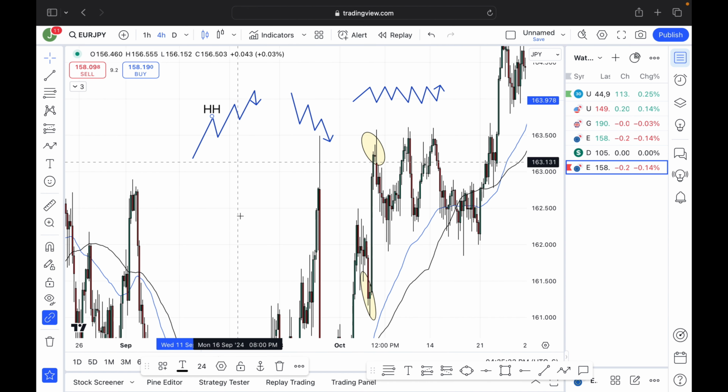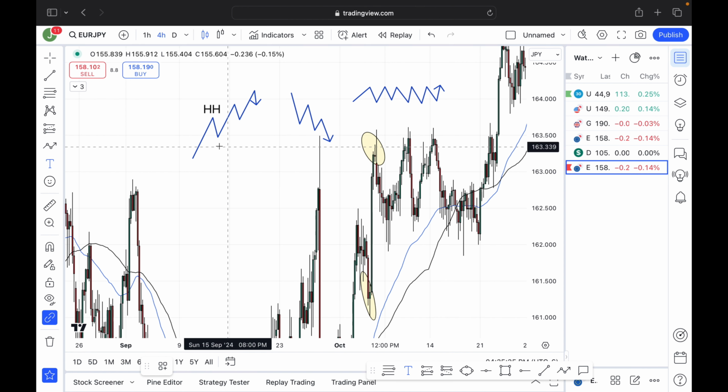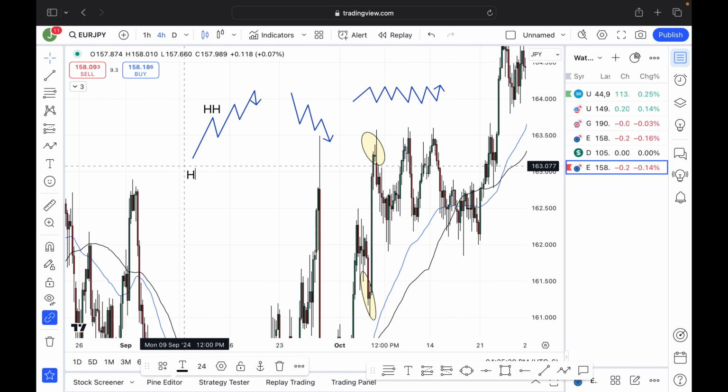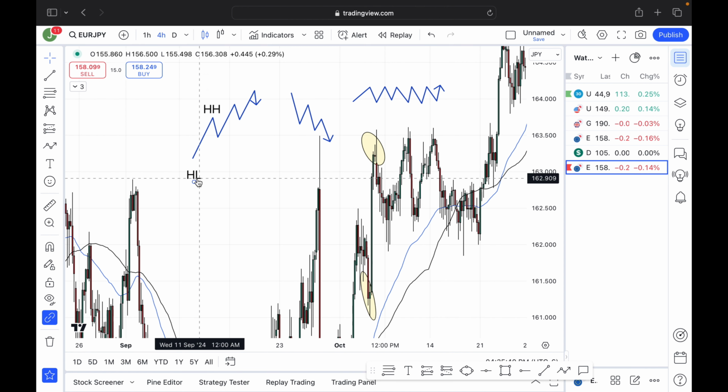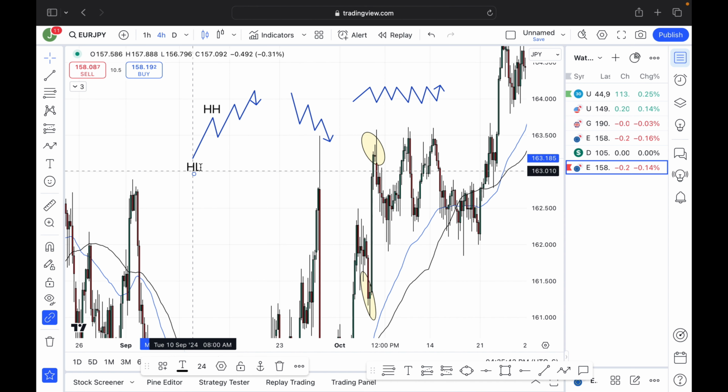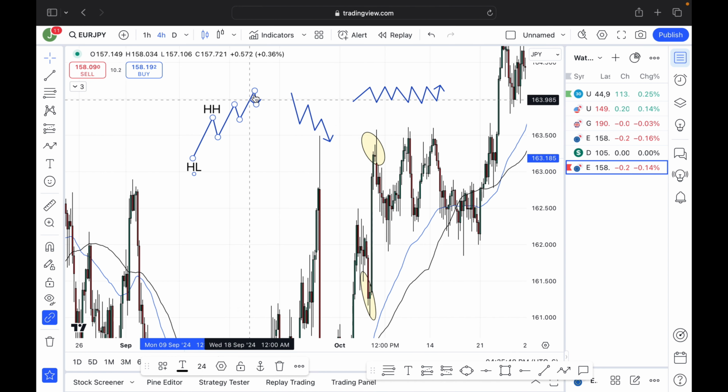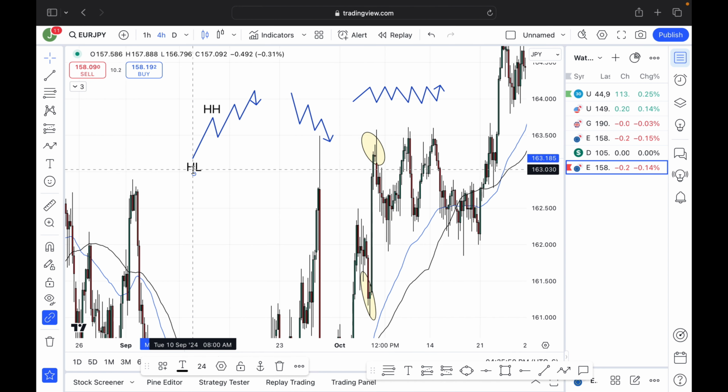So for an uptrend, we have higher highs and higher lows. A higher high is the highest point of the market trending in an uptrend. A higher low is the lowest point of the market before the higher high was created. Okay? So we cannot have a new higher low before a new higher high.